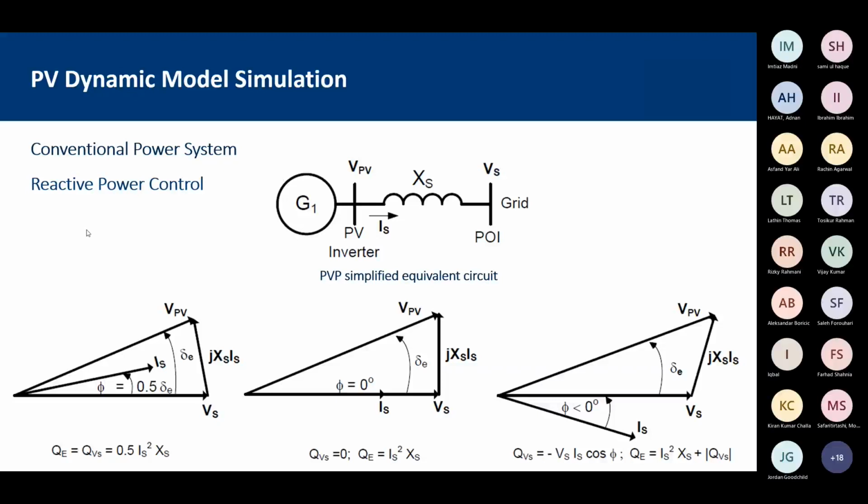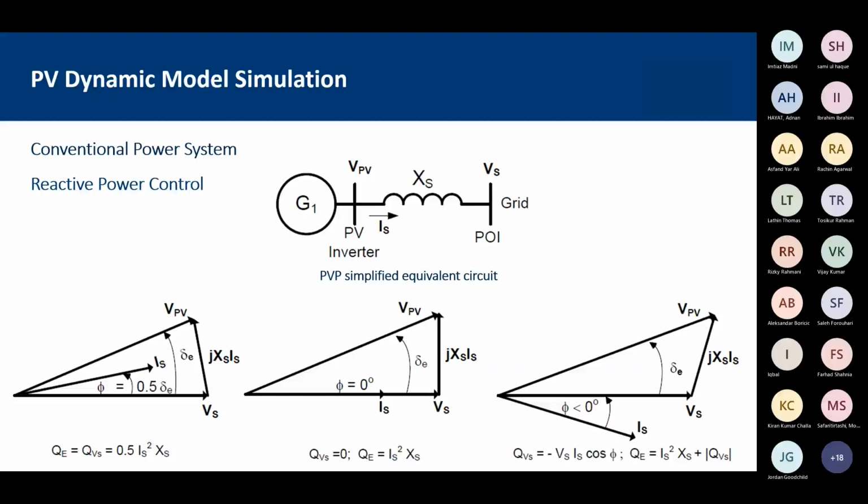For an average model, basically we use a two-bus system to illustrate real and reactive power for conventional generators. We assume that this generator, which is producing this voltage, let's say this is bus 1, this is bus 2.